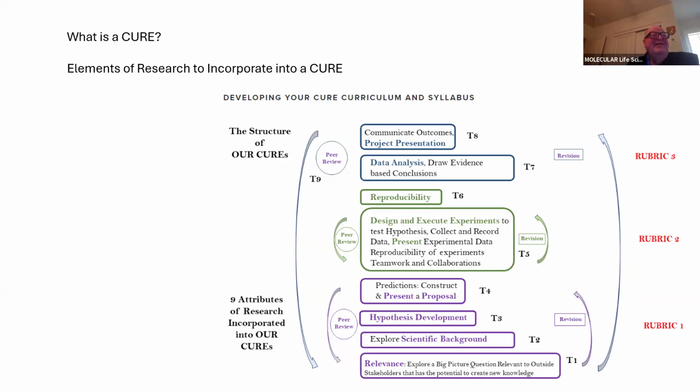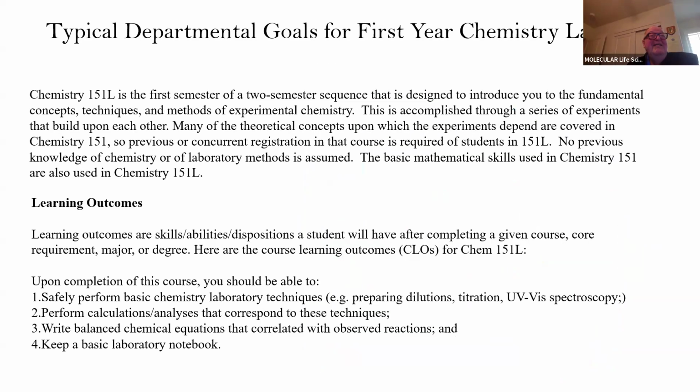Okay, so next slide, please, Tam. So this just illustrates the verbiage that's in our general first year chemistry labs, because I've taught CUREs in everything from upper level classes to first year classes, and I suspect you all may be in a similar situation to what I'm in here in San Diego, and that is there are 10 sections of GChem lab in the first semester, one of which I teach.